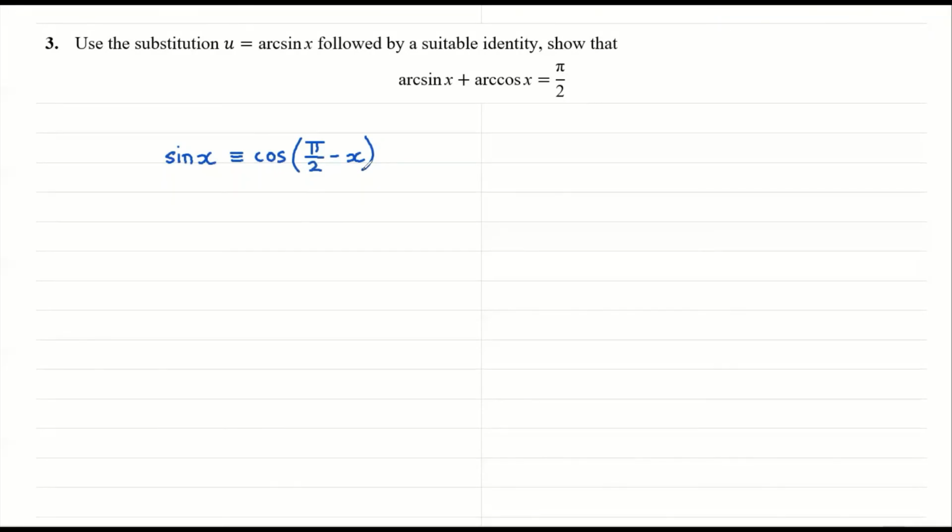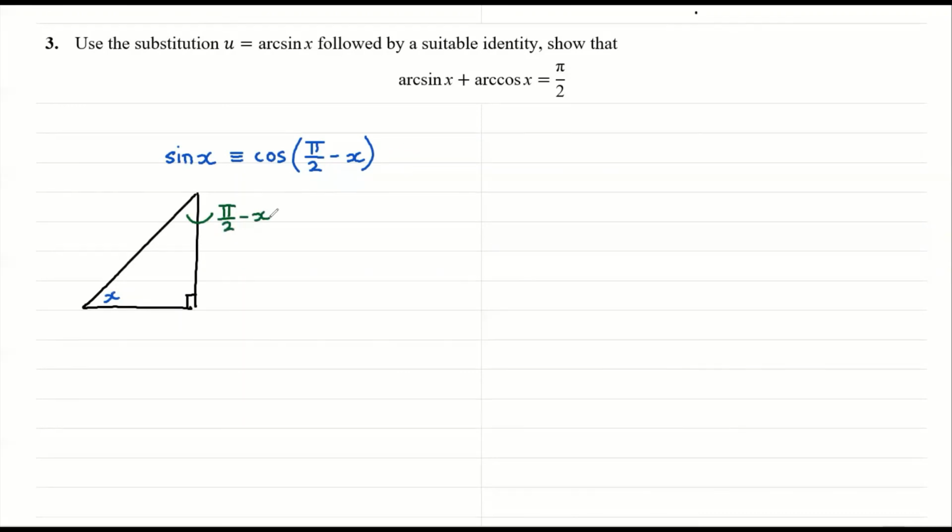Now then, just so you're aware as well, you can see this identity play out in another, perhaps more intuitive way, rather than using transformations of waves. So I'll just draw this right angle triangle here. Okay, and I'm going to label the bottom left hand angle x. Now, it doesn't take much angle reasoning to realize that the other missing angle in the right angle triangle is obviously going to be pi over 2 subtract x, because the angle sum has to be pi, dealing in radians, of course.